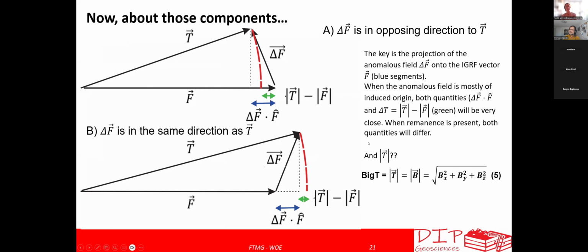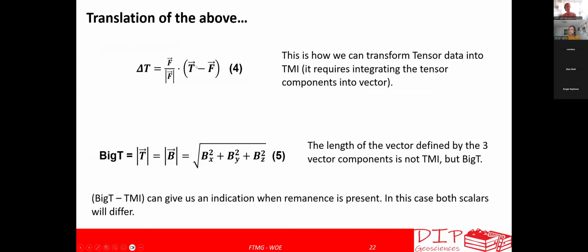But the key is that when you take these components and get the length of that vector, this is not total field. So in summary, in order to get total field, we need to do what I have in equation 4. And if you have your tensor components, you convert them to vectors and compute the norm of that vector, that's what we are calling here big T. So they are not the same thing.